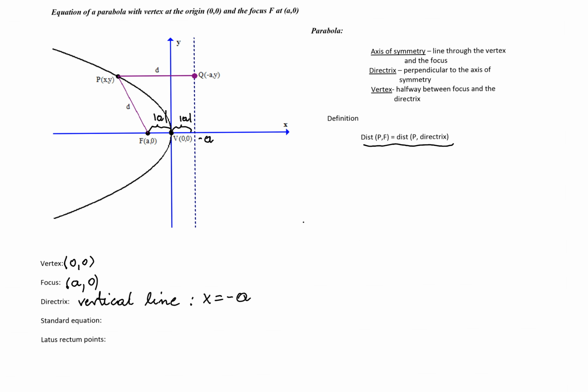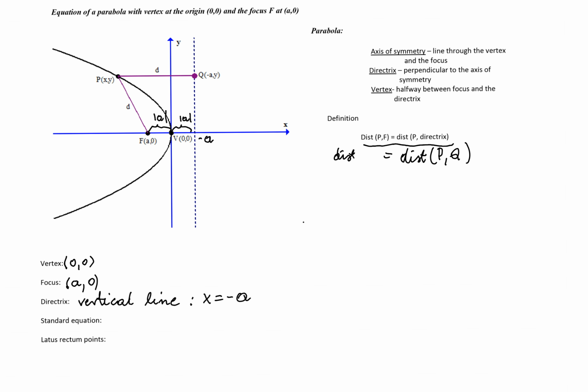If you follow the definition of the distance between a point and a line, as indicated on the graph, the distance between the point P and the directrix is simply the distance between the point P and Q. And the coordinates of the point Q will have to be (-a, y).